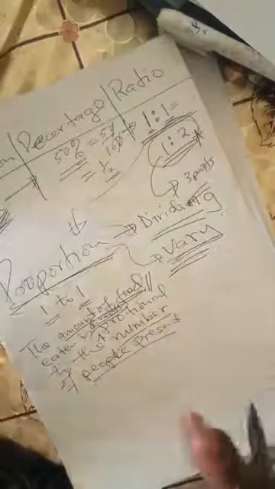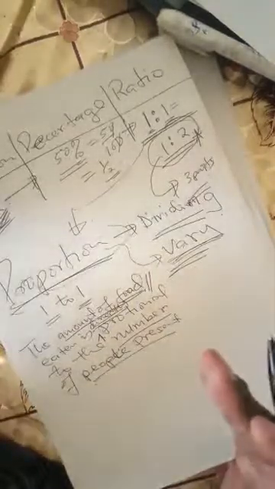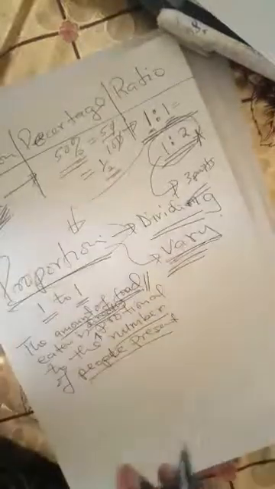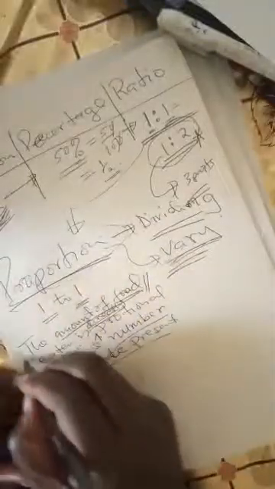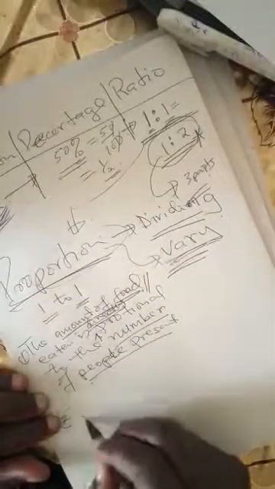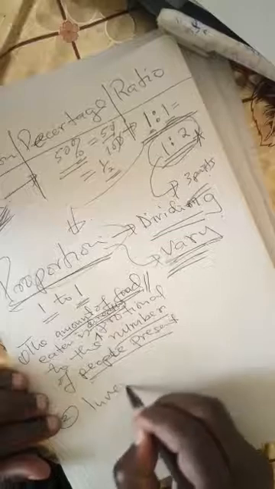So it's used to compare variation with two items. There's a time now you mostly find yourself using proportion. But if two items are varying such that if one increases and the other decreases, then that would be called inverse proportion.